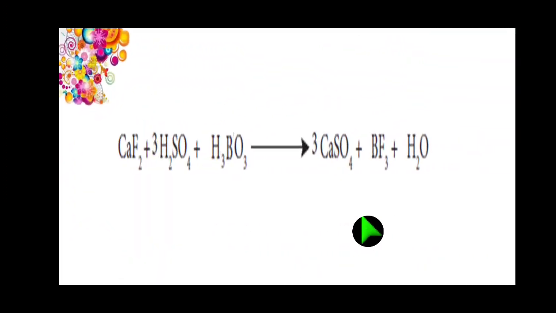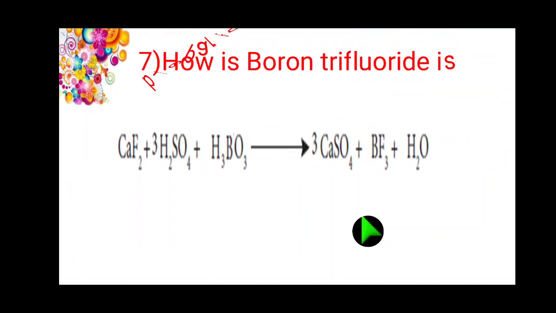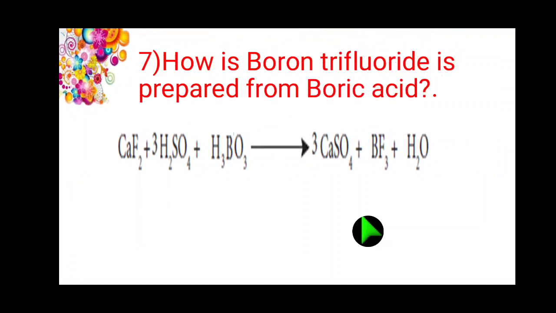Question number 7. How is boron trifluoride prepared from boric acid? Boron trifluoride, molecular formula BF3, is prepared from boric acid H3BO3, right?